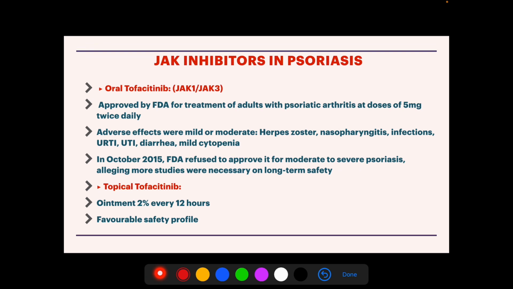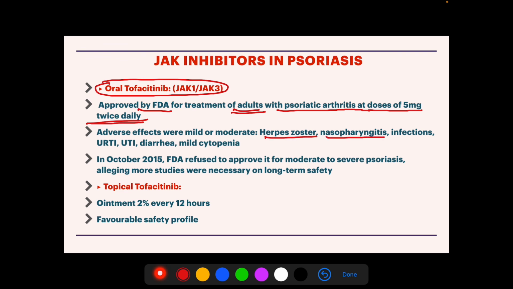So, JAK inhibitors used in psoriasis are oral Tofacitinib, which is a JAK1 and JAK3 inhibitor approved by FDA for treatment of adults with psoriatic arthritis at a dose of 5 mg twice daily. Adverse events include herpes zoster, nasopharyngitis, infections, upper respiratory tract infections, UTIs, diarrhea, and mild cytopenia.